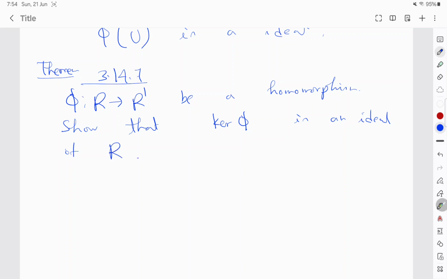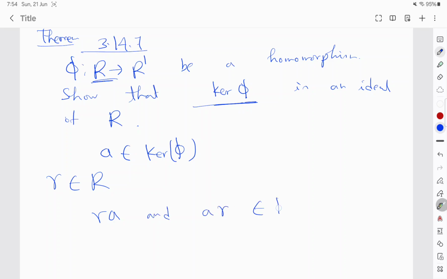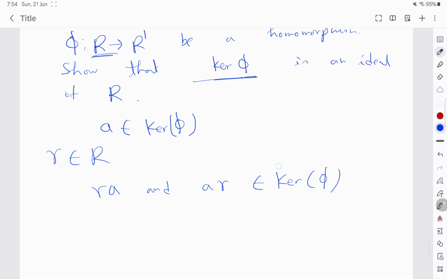So what you have to show is basically the same type of thing. You take an arbitrary element from that set, for example a from ker phi, and take r from the main ring R. Then you try to show that ra and ar belong to ker phi. How will you show this?